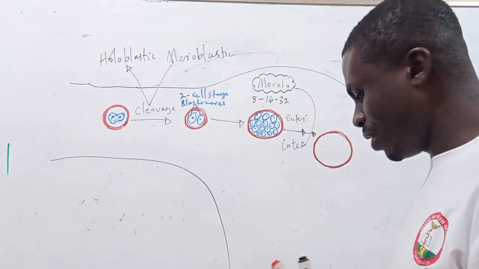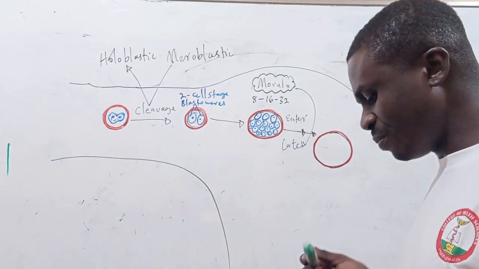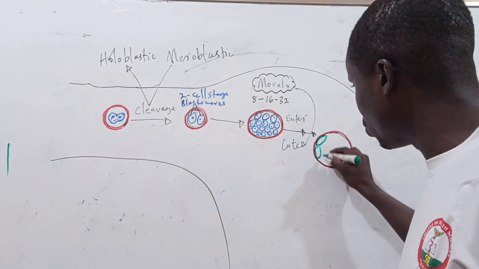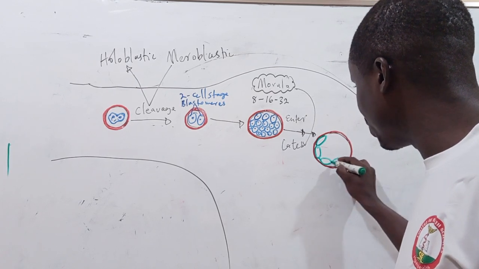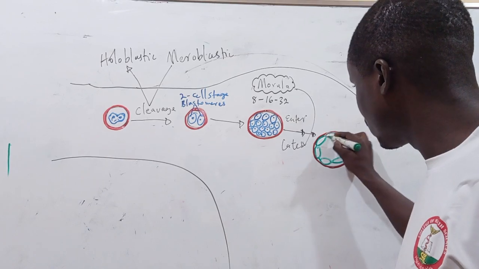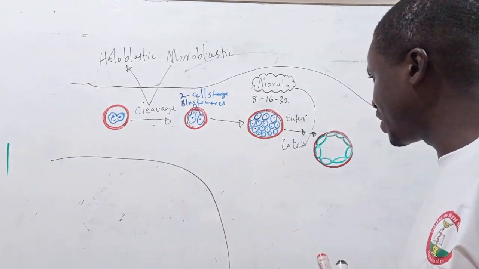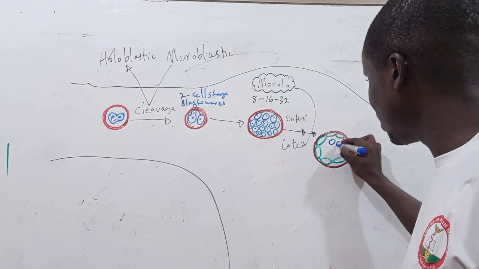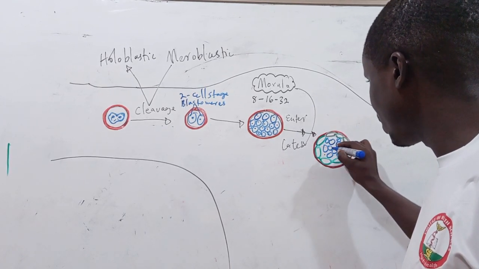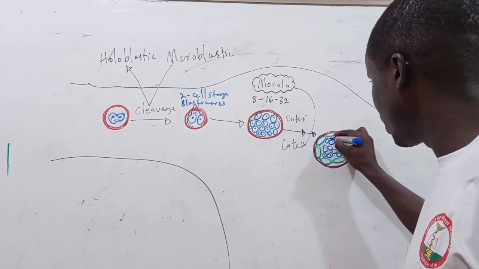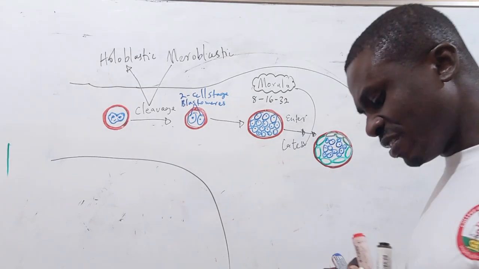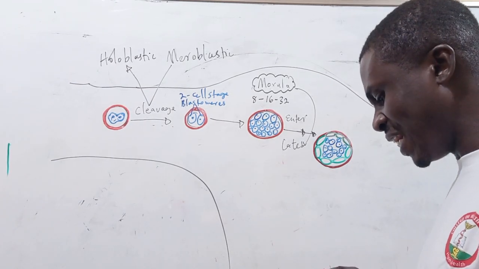One of them will be at the periphery. Let me use a different color to demonstrate that. So there will be some cells at the periphery. And then we also have some population of cells inside over here like this. My friends, this stage we are talking about is late morula.